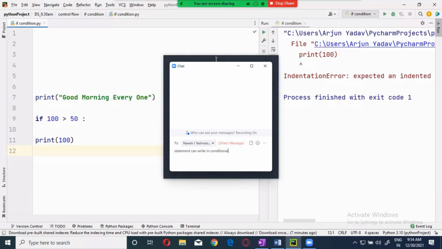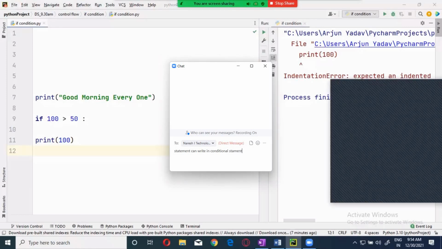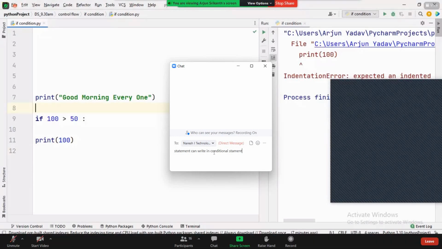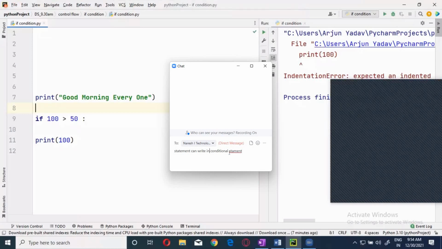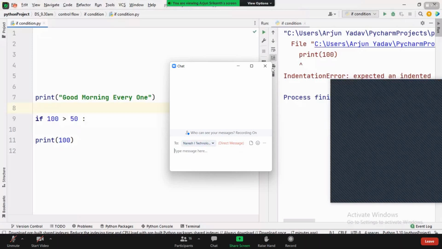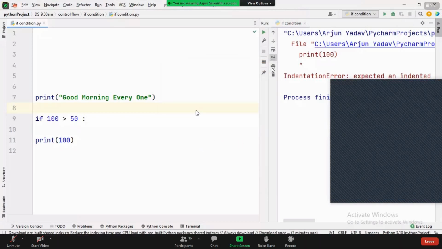So here, why do I have to write pass? That's what I'm asking. Why did I get the error? Because you are intimating to the interpreter that you are having a block of code under the if condition.